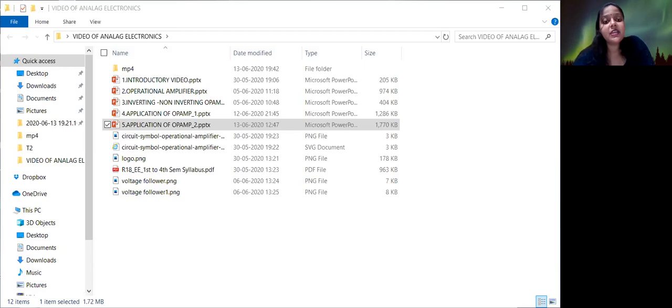The last application: Schmitt trigger of op-amp. So what is a Schmitt trigger? A Schmitt trigger is a form of comparator circuit that has hysteresis, or different input switching levels, to change the output between two states.